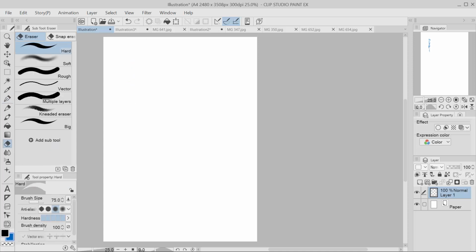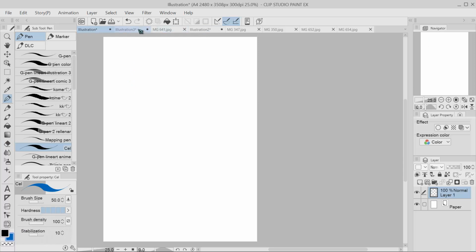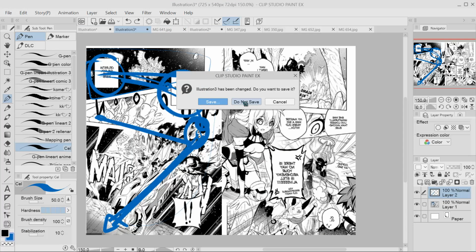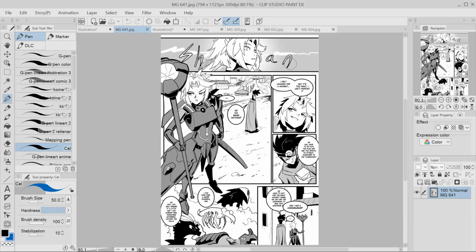For example, I have an example here of one of my own comics. This character is one of the villains, and she's one of the most powerful characters in the series, but she's kind of small, like you can see here.